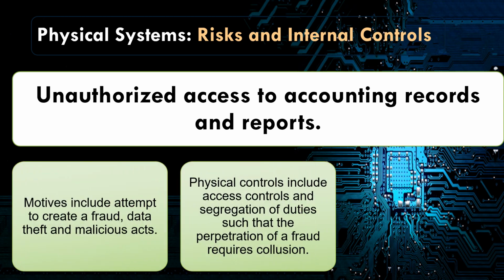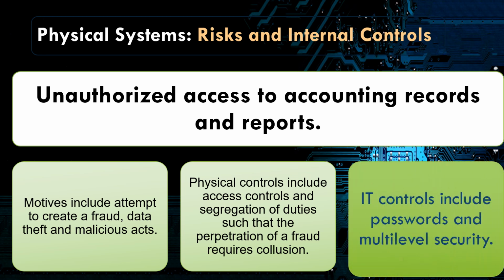So on the left side we have the physical controls, repeating what we said, either segregation of duties, proper documentation, and so on, and IT controls including password and multi-level security. We will explain multi-level security in a short while, but just to classify them into the risk, which is unauthorized access to accounting records and reports, we put them in different classifications just for better understanding and good visualization of the idea.